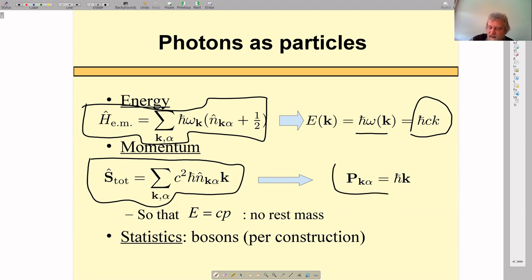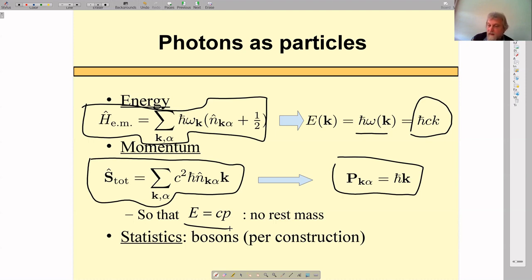From this, momentum is here. That's what we expected: h bar times wave vector. Checking it for consistency with relativistic rules, we conclude that energy is just speed of light times momentum. There is no rest mass for the photon. A photon cannot come to rest. That's what we know as well.